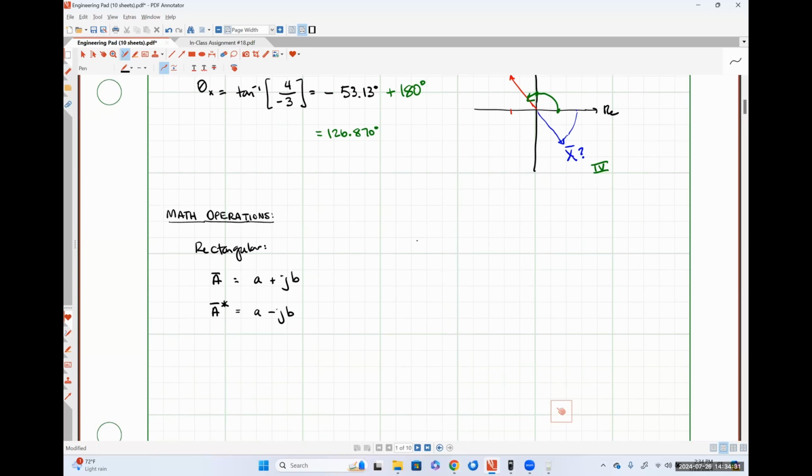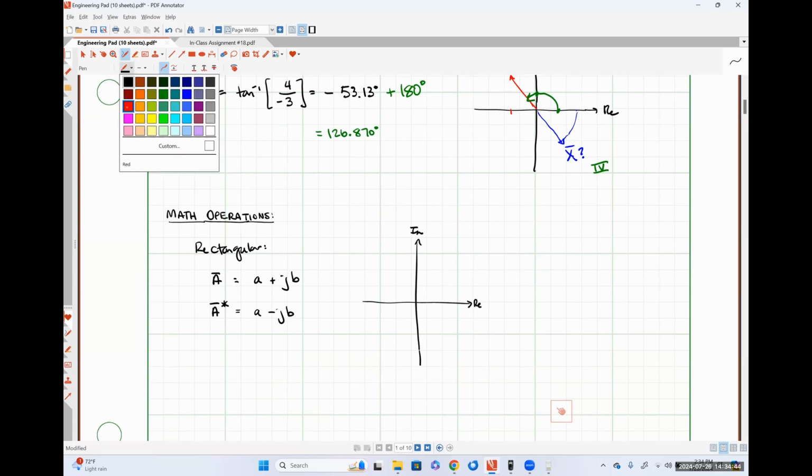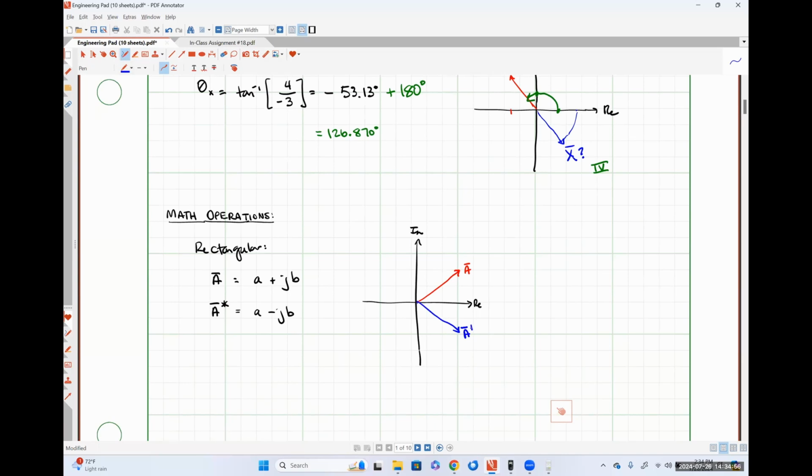If we were to plot our complex number on our complex plane, if this is A, then this would be A conjugate.